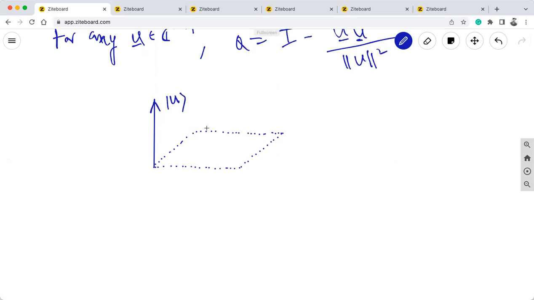So this is a plane which is orthogonal to this particular state vector.